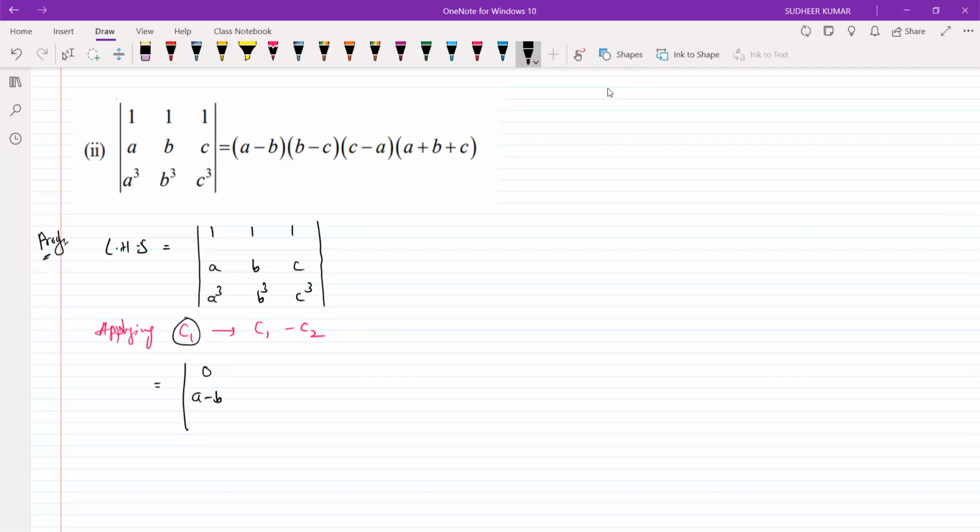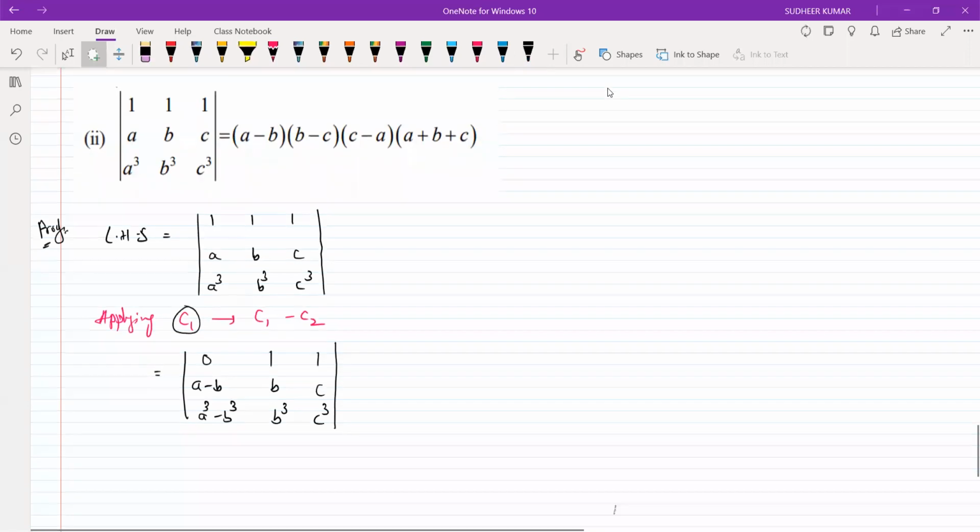So this is A minus B, A cube minus B cube, and the remaining values remain the same: 1, B, B cube, 1, C, C cube. So one value we got, A minus B. Now try to get the other value. So the next one is C2 minus C3. How will we get B minus C?